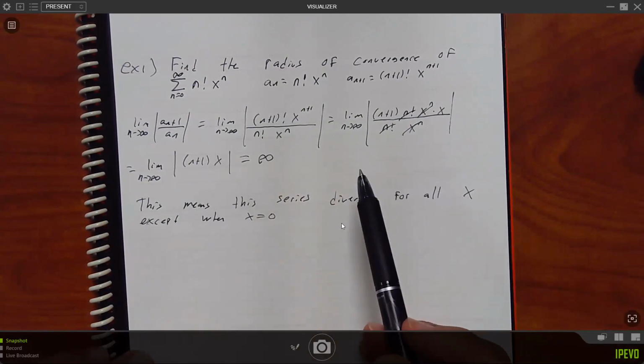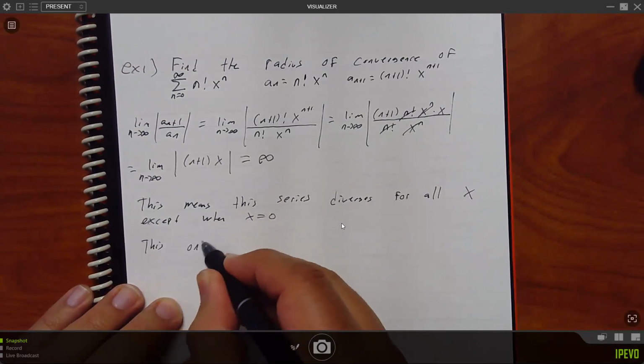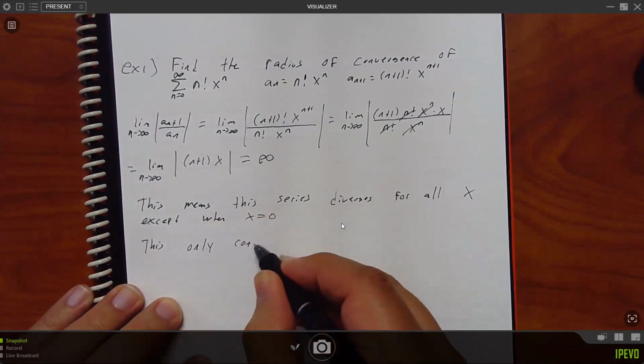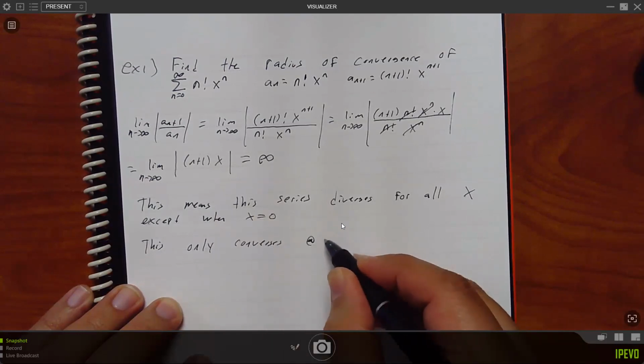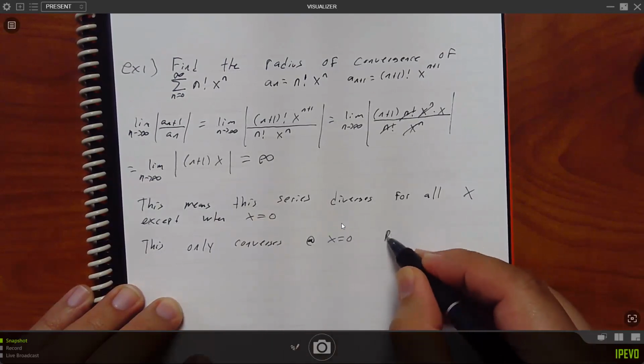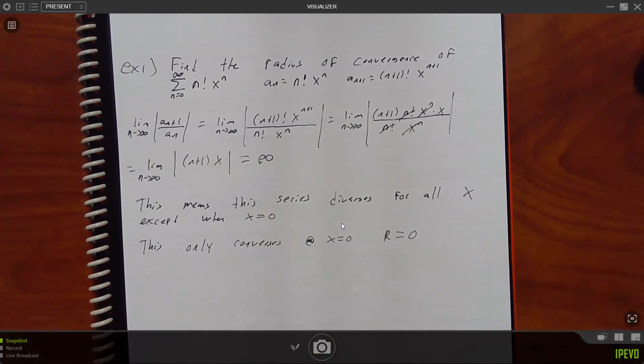So that's the only place it converges, which means that our radius is 0. Okay. Does that make sense?